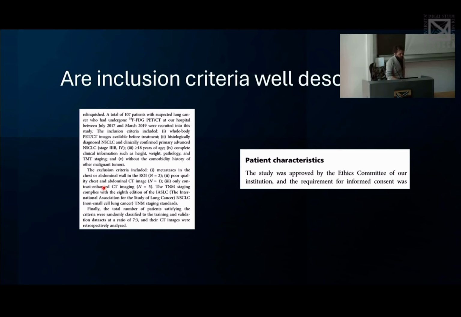And the exclusion criteria were presence of other very poor conditions like presence of metastases or some technical factors, so nothing to complain about. And then they state that they split the dataset randomly, so this is extremely straightforward.